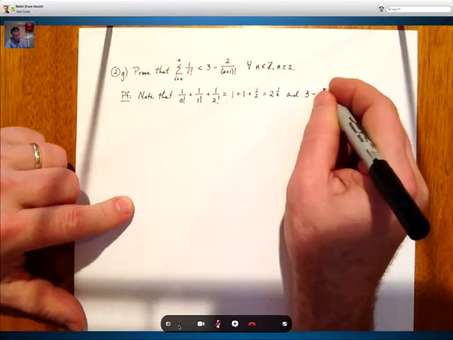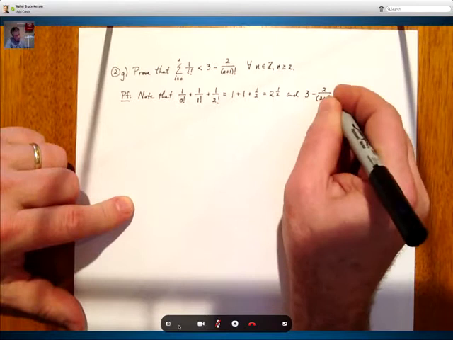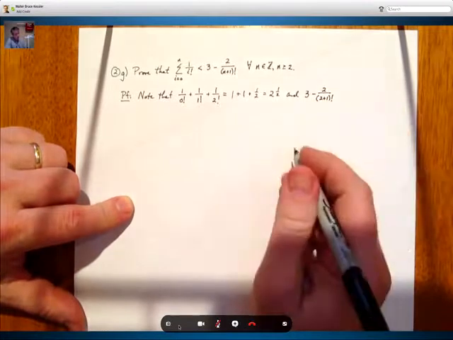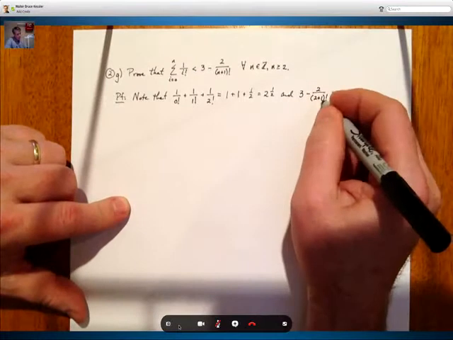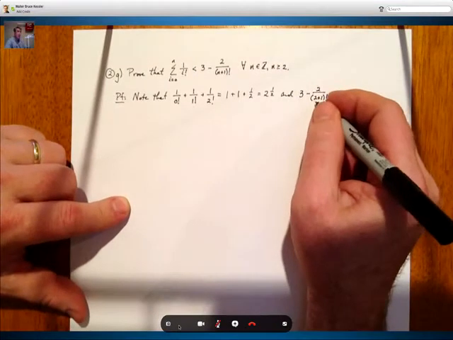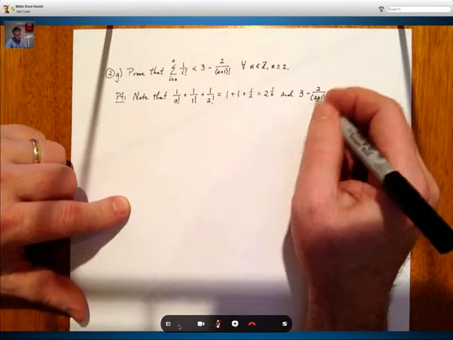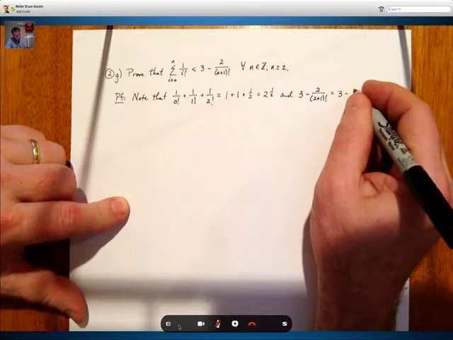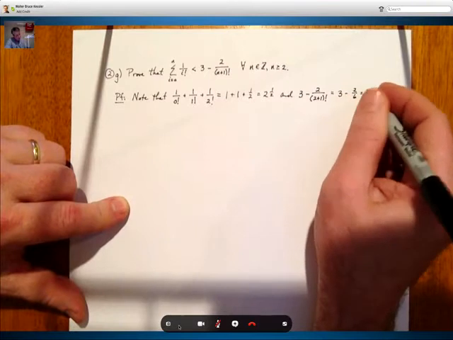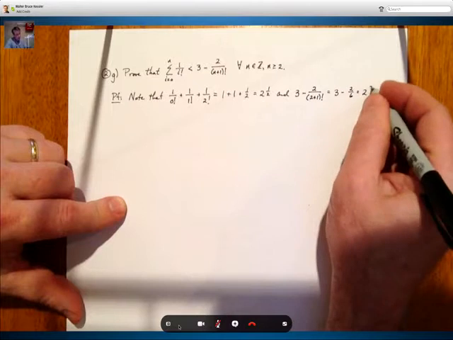And if I look at the formula, 3 minus 2 over 2 plus 1 factorial, well, 3 factorial is 1 times 2 times 3, so that's a 6. The 2's are going to cancel. So this is 3 minus 2 over 6.